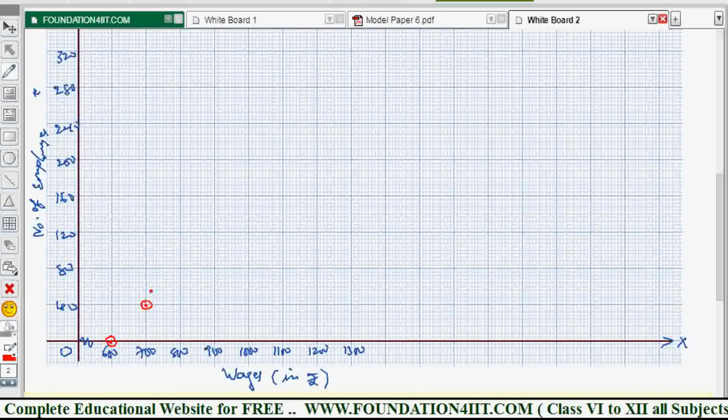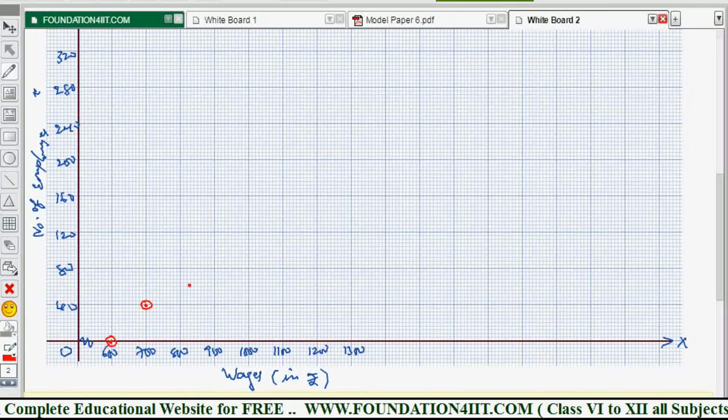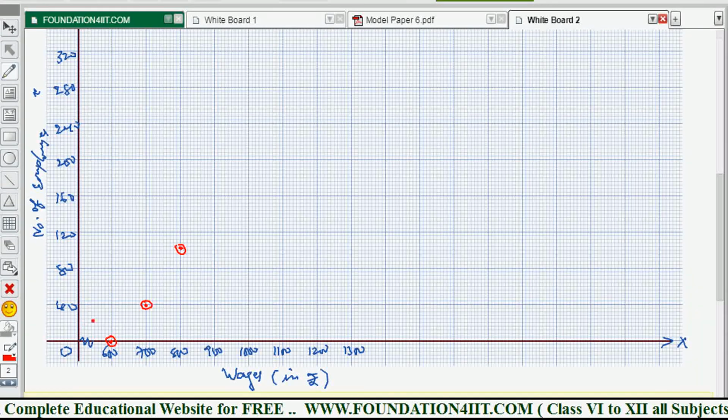So just join this carefully, you will find it easy. And for 800, 108. 1 centimeter is 40 units. Then for 1 millimeter we can take 4 points.